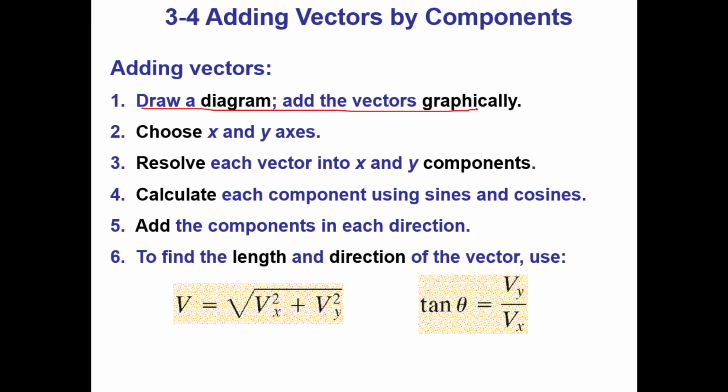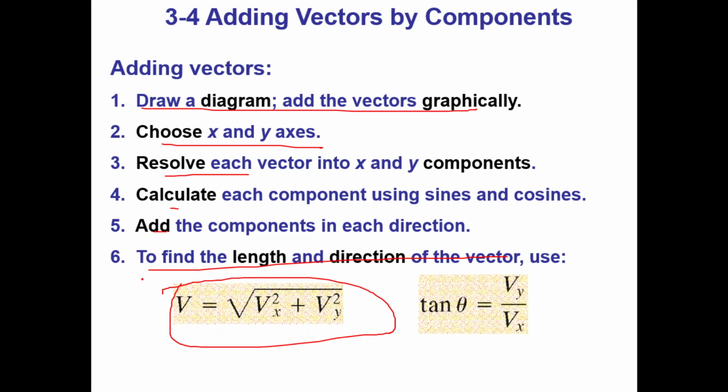To add vectors, we draw, choose, resolve, calculate, and add. And of course, don't forget, to find the length and direction of the vector, we use this formula. This is only for the tangent, because tangent is sine over cosine, so I use Vy over Vx.